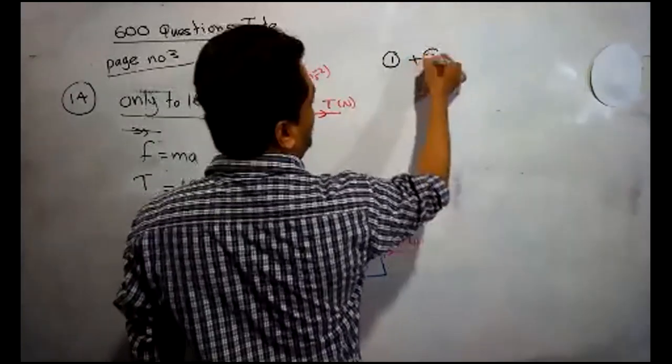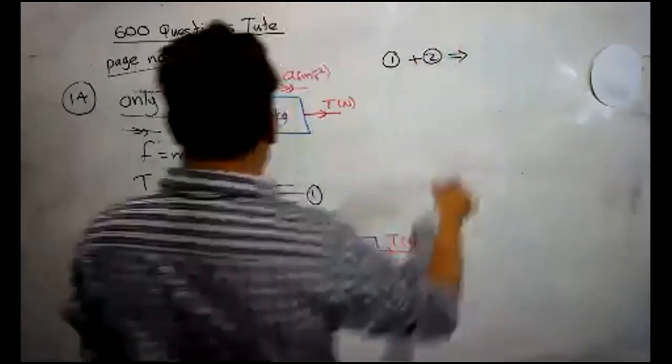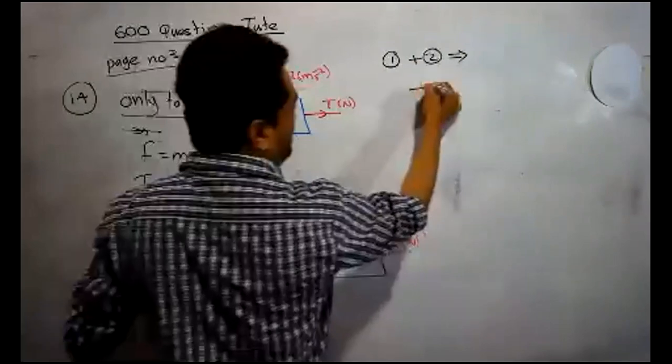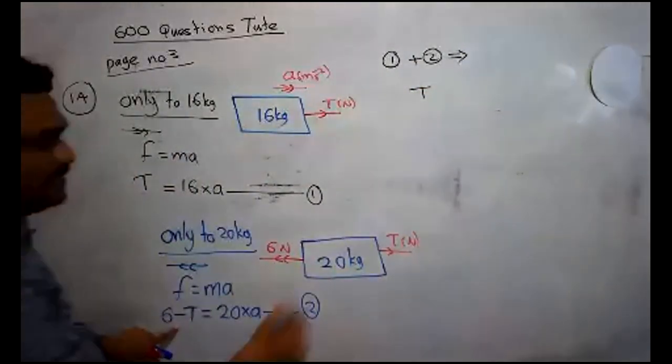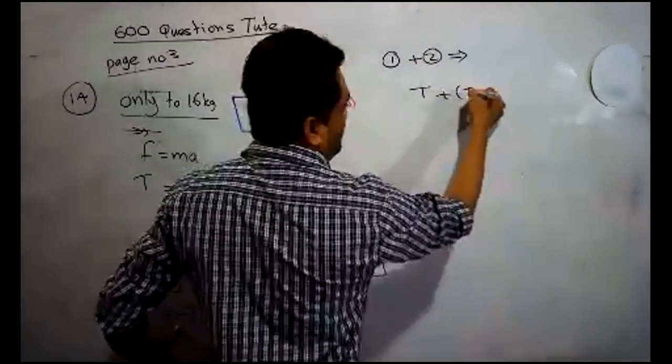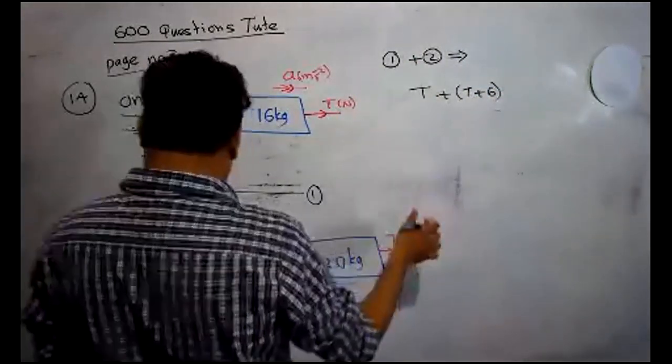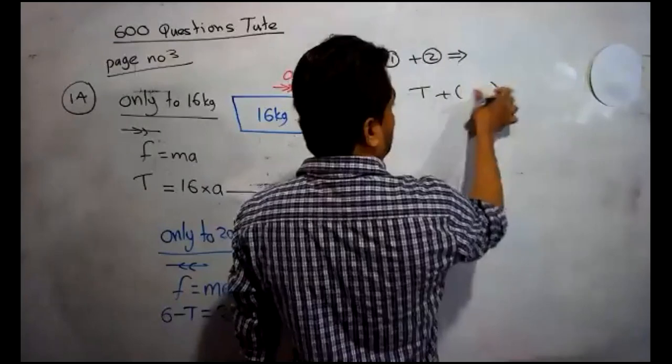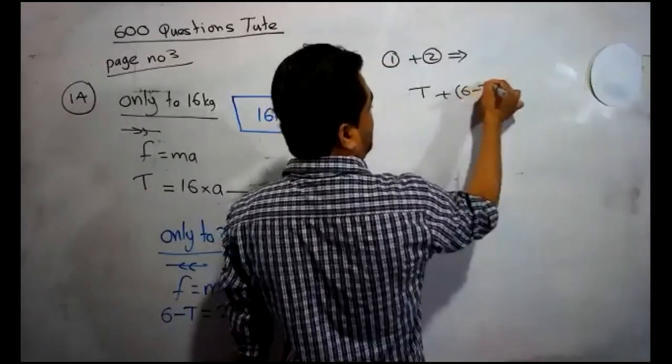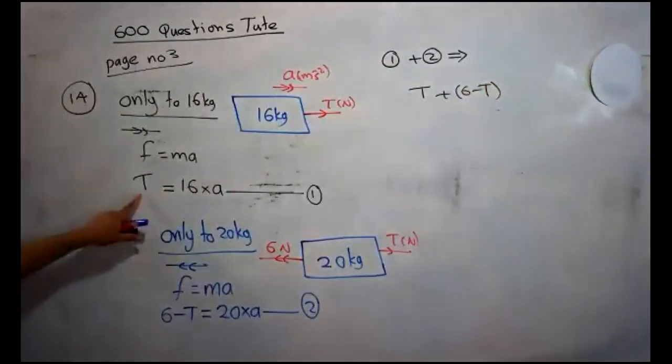1 plus 2. Look at the board. The first equation, only capital T. The second equation, 6 minus T. First equation, T equals 16A.